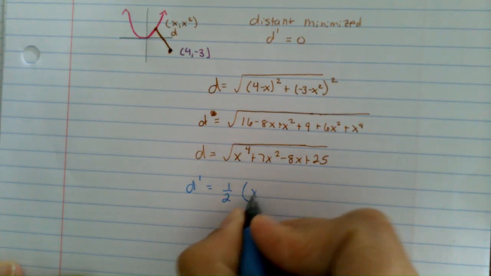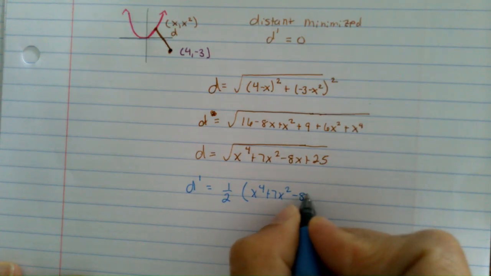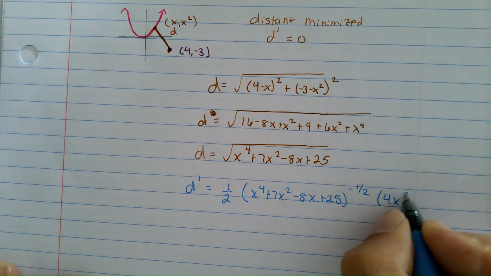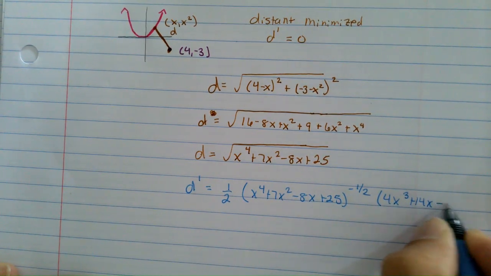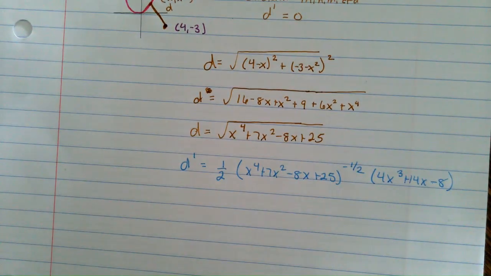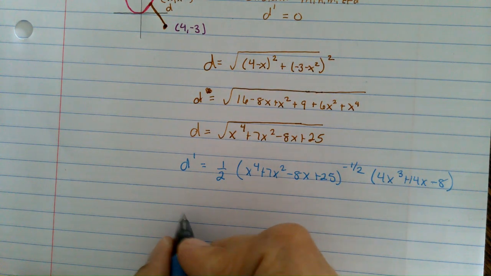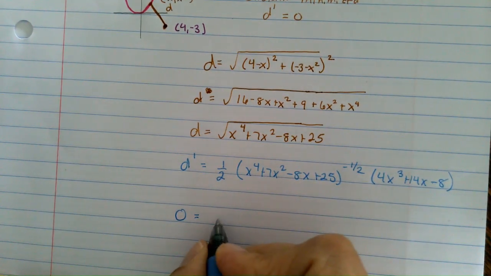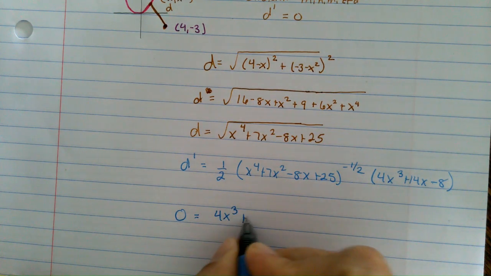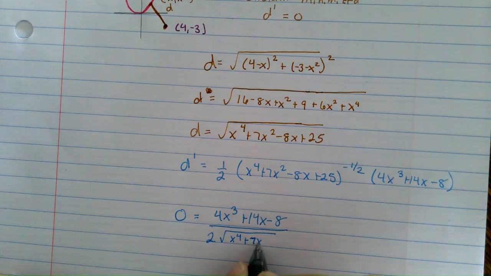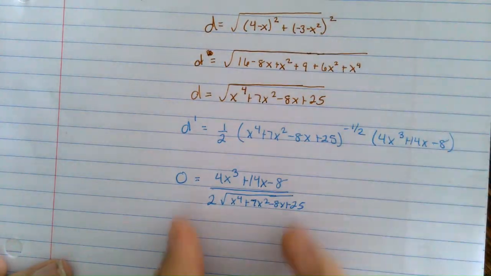1/2 all of this, the negative 1/2 multiplied by 4x cubed plus 14x minus 8. This is what we're setting equal to 0. Okay, I can multiply this over.